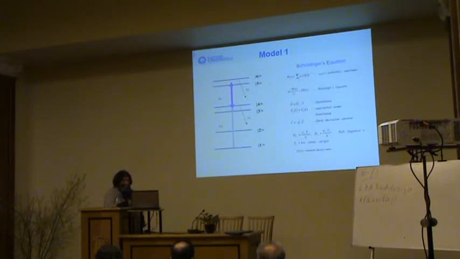So we developed two models, one of them based on Schrodinger's equation, where you have the wave function, which is decomposed by the basis states of the system, and then in the Hamiltonian you have the atomic Hamiltonian, which is diagonal in the atomic states, and then you have the interaction between the laser fields and the atomic transition dipole moments.